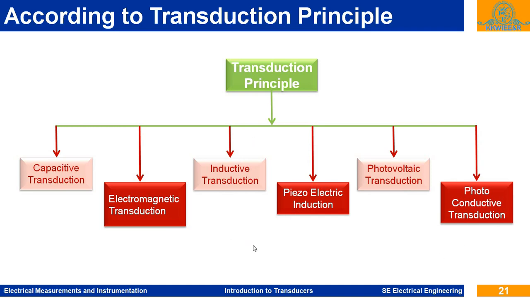By using these, the physical quantity is converted into the electrical signal. In photovoltaic, solar energy is converted into electrical energy. Photoconduction is nothing but the LDR, say in a clock. Based on the light on that LDR, the resistance of that LDR will change, and the clock will give the alarm.